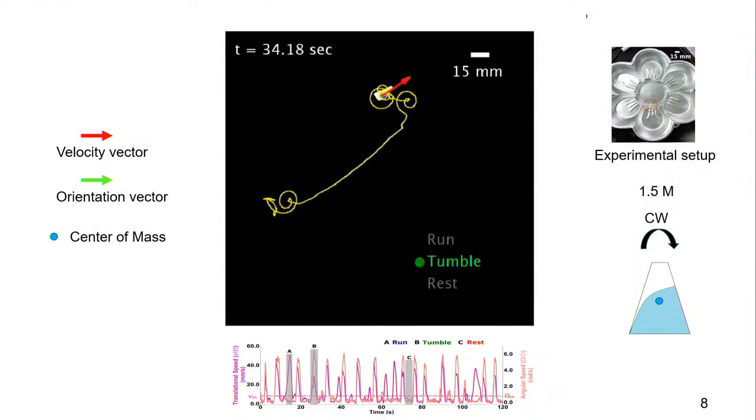Sir, in the run state, is it possible for you to paint the camphor differently and make it run with the fat end forward? I don't get it. Can the particle run with the fat end forward? Now it's running with the thin end forward. Can you reverse the sign? Okay.